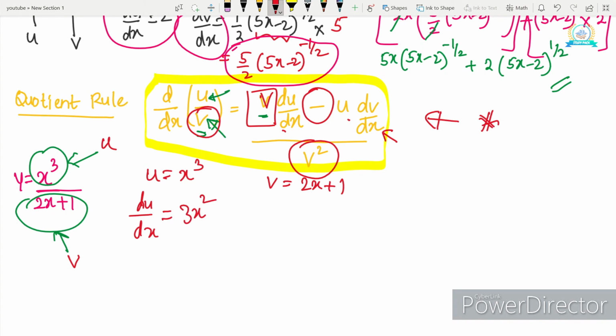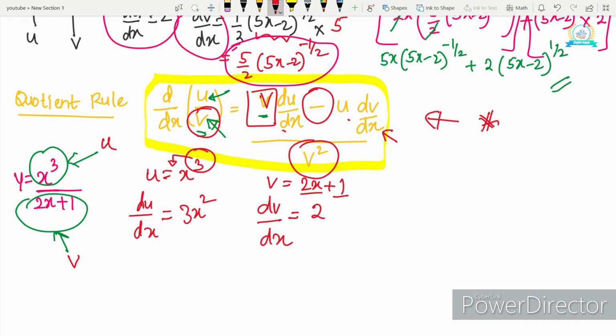I hope it's easier now to do the differentiation of power functions because we did it in the first video. If I'm to say that again, you take the power to the front, you write the x, and then you reduce the power by 1. Very simple. And here it's a much simpler derivative, so you're just left with 2, because the derivative of 2x is 2 and the derivative of 1 is 0, because the derivative of a constant is always 0.